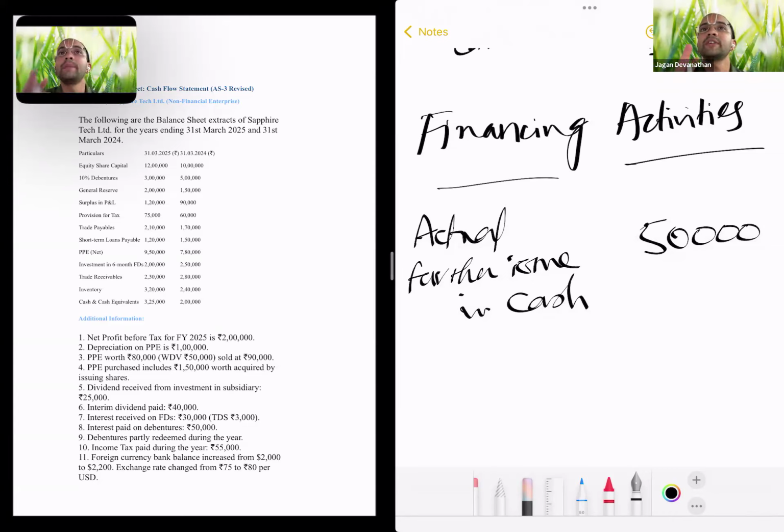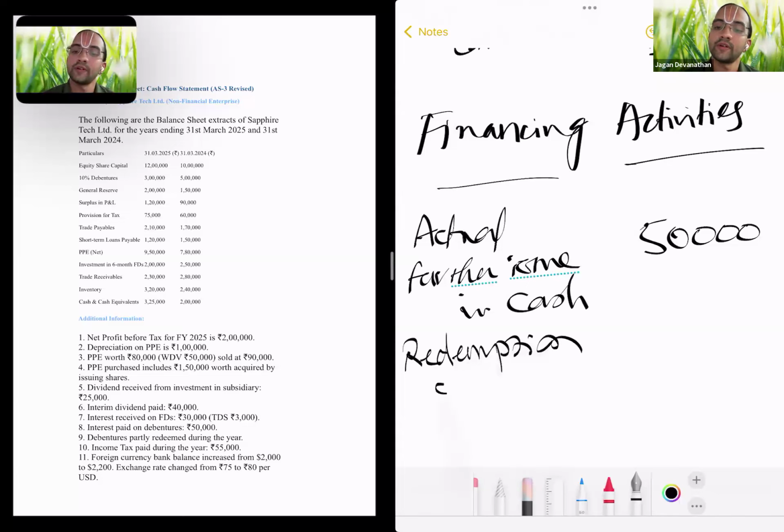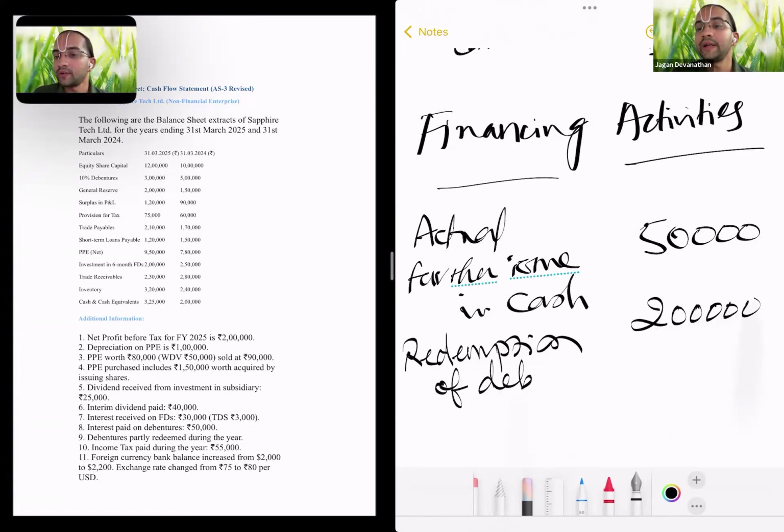Okay, now debentures were redeemed, right? Redemption of debentures is 2 lakhs. So it is a cash outflow. Then interest paid on debentures, how much? 10%, so it should be 50,000, because at the end of last year it was 5 lakhs, so you would have paid for the entire 5 lakhs.